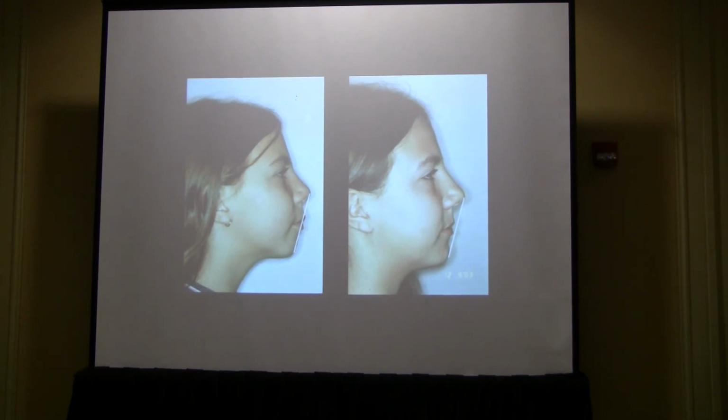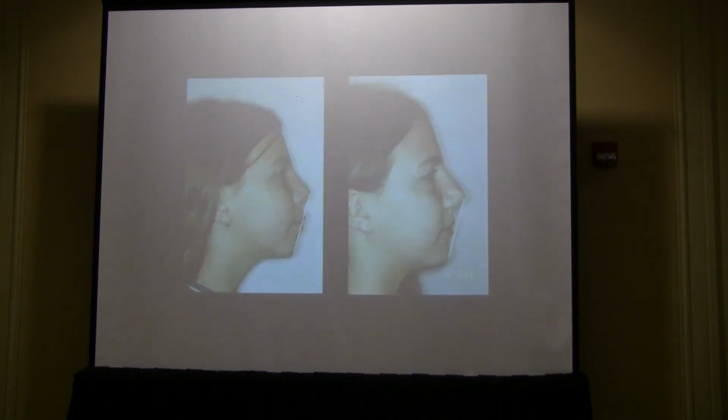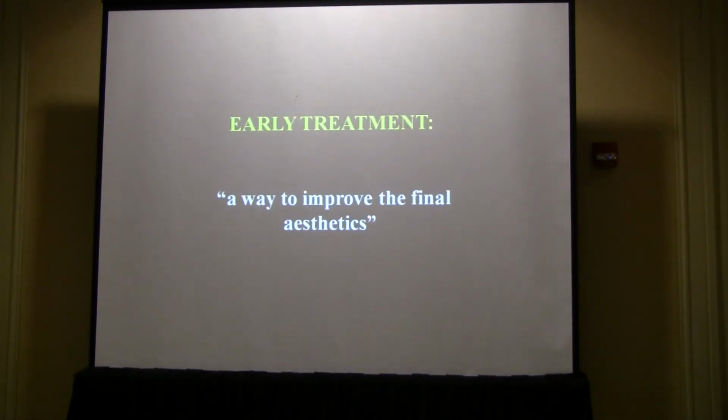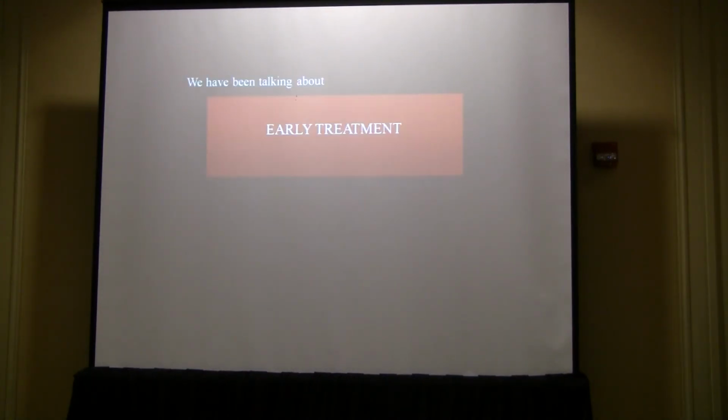Okay, that is, we say that early treatment is a way to improve the final aesthetics. All in all, we have been talking about early treatment. So we have been talking about bioprogressive.